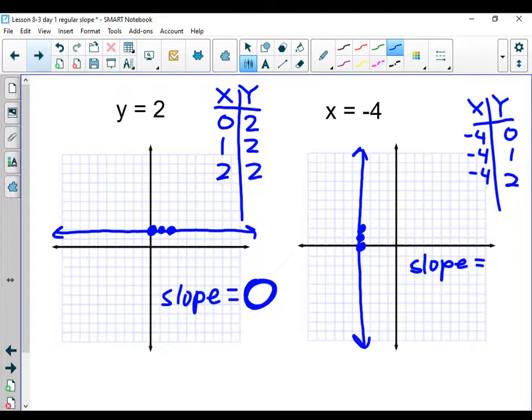This was a special one too. 0 is the horizontal one. Undefined. Right, when Allie thought this can't be right, and it really was. The calculator says you can't do that. And in math, of course, they gave it a fancy name called undefined.